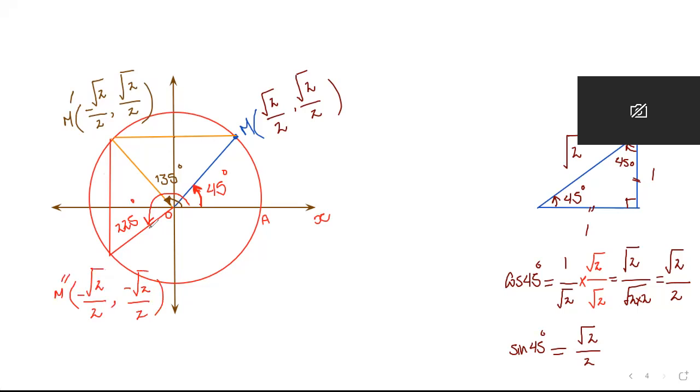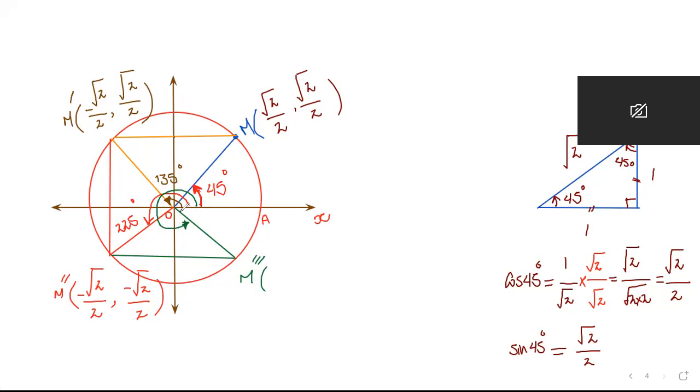And lastly, I'm just going to build another symmetrical angle, which is highlighted by this angle, the green one. And it gives me the point M triple prime. How much is this angle? 315.